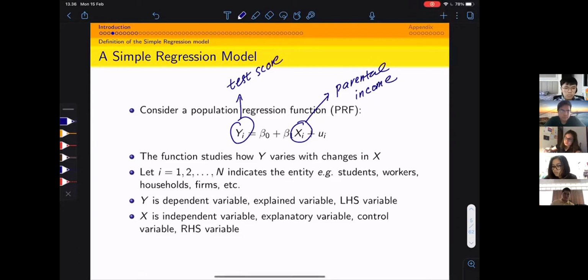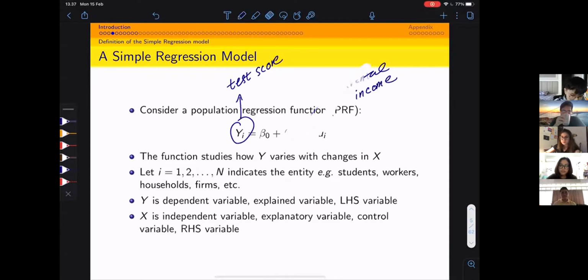In the literature of economics of education, we care about the effects of various inputs. It could be schooling inputs, it could be family inputs, and the effects on test scores. Parental income is definitely one of the inputs that we care about, and so we want to write it as the following.